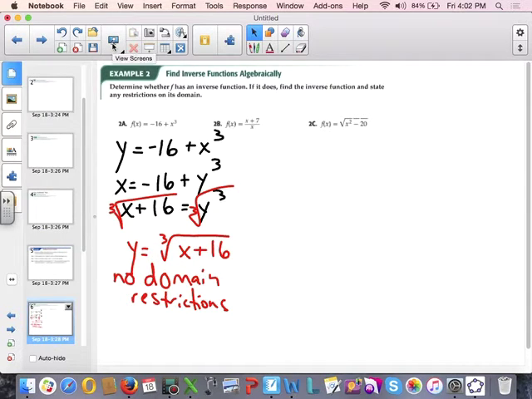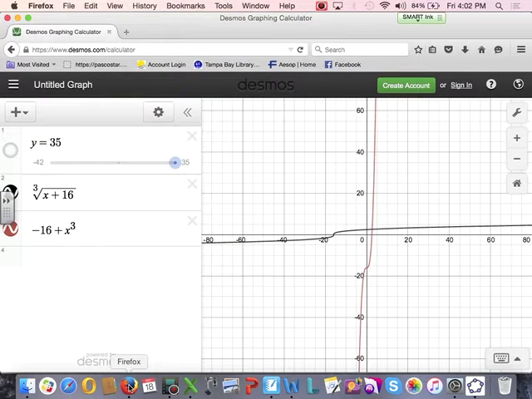Part B, first thing we want to identify is whether an inverse function exists. So let's graph x plus 7 over x.